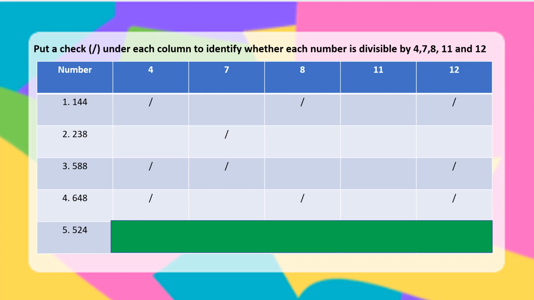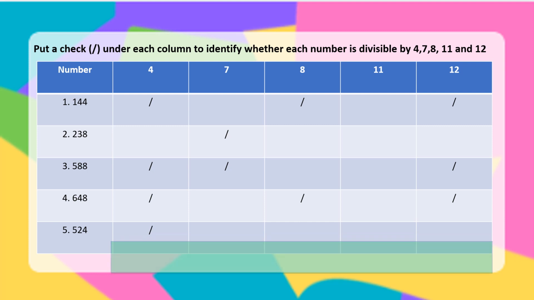So let's get the sum of the digits. 6 plus 4 is 10. 10 plus 8 is 18. 18 divided by 3 is 6. So it means that it is divisible by 3. Therefore, it is divisible by 3 and 4. So 648 is also divisible by 12.